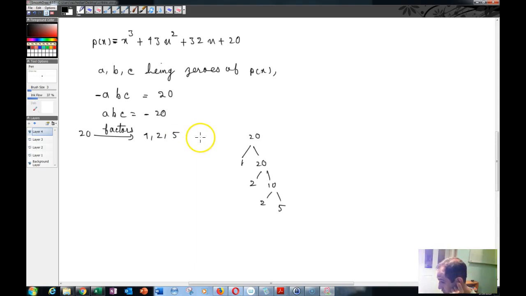And of course, then you can have 4, and then you can have 10, and then you can have 20. That's basically all the factors of 20. And of course you need to go with positive and negative of all of these numbers, so plus or minus 1, 2, 5, 4, 10, and 20.